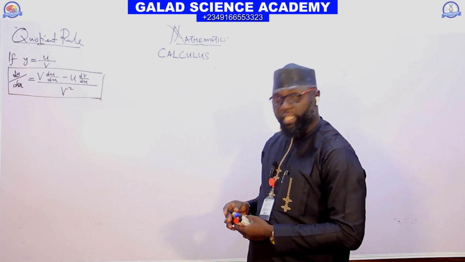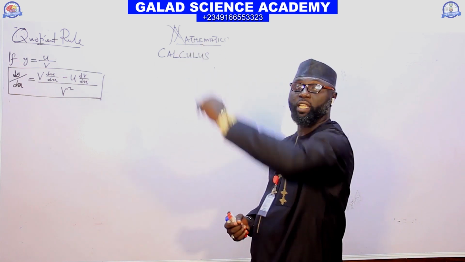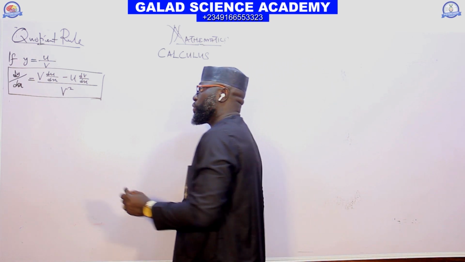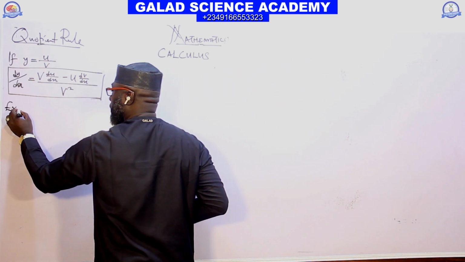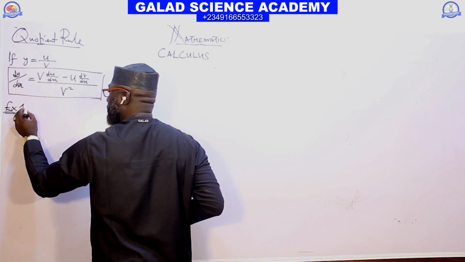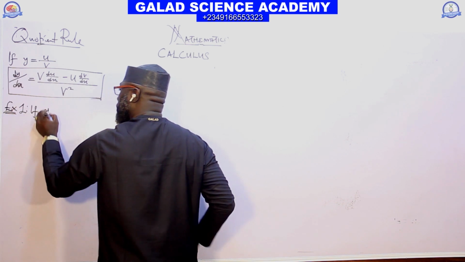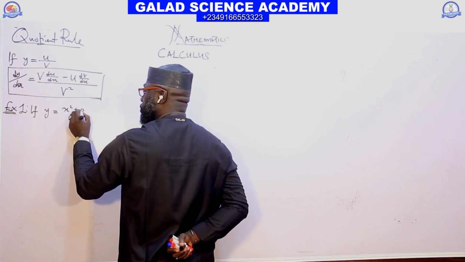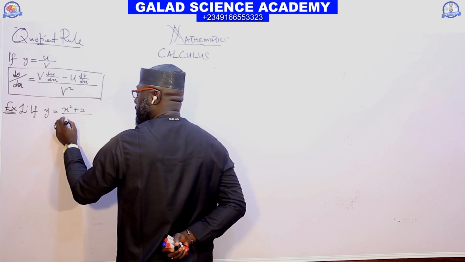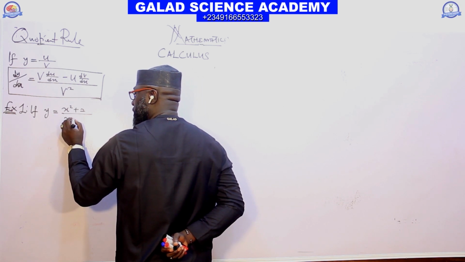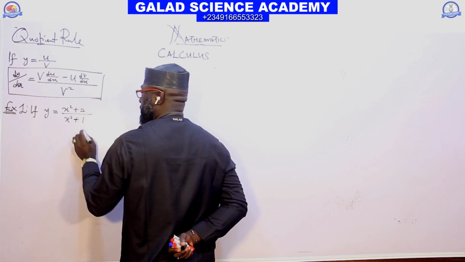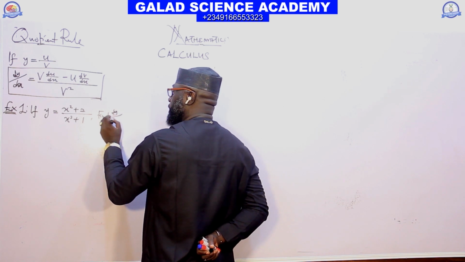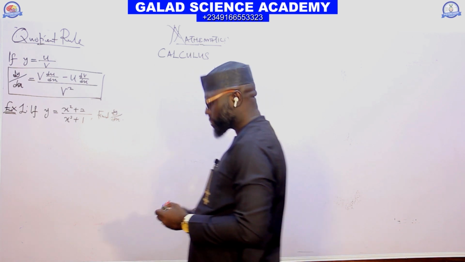The quotient rule, I said, is a kind of differentiation that deals with division of two functions. So for example, if y is equal to x squared plus 2 over x cubed plus 1, you are now asked to find dy/dx.